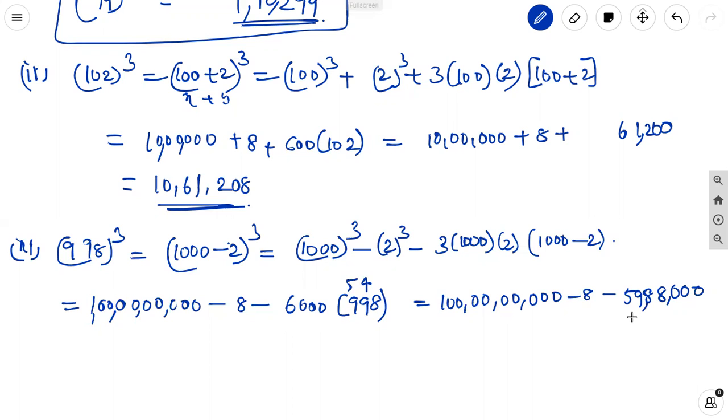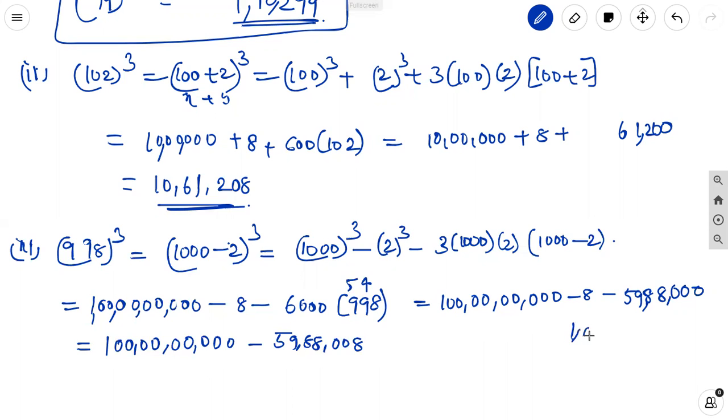Here it is 59 lakh 88,000. So 100 crore minus 59 lakh 88,008.